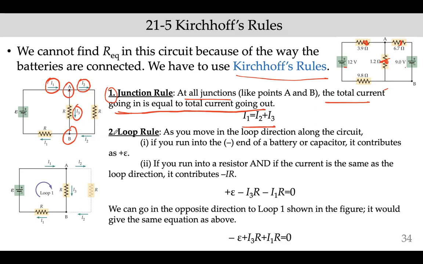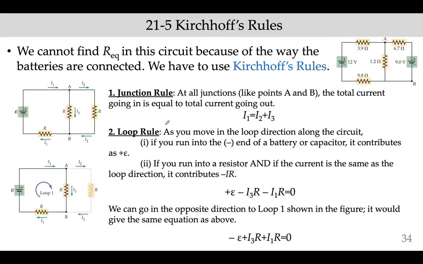Now the next rule is the loop rule. As you move in the loop direction along the circuit, we are going to choose a loop. So let's say this loop in this part of the circuit. Now here are the rules. If you run into the negative end of a battery or a capacitor, it contributes as plus epsilon.